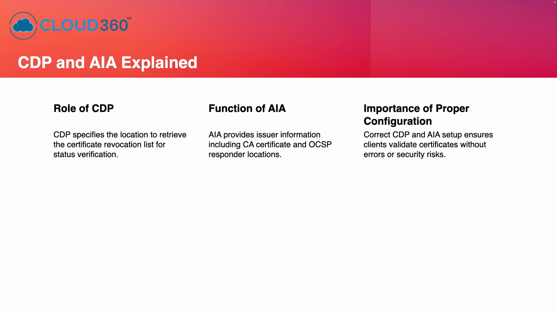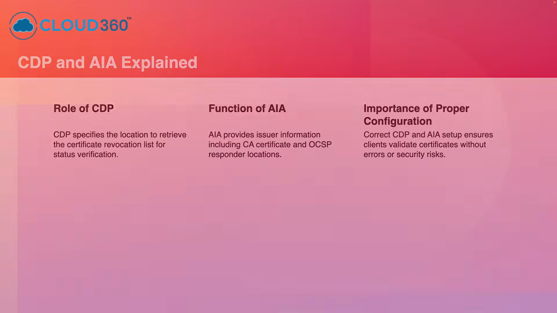Proper configuration of CDP and AIA ensures that the clients can access the necessary information to trust and validate the certificates. Misconfigured or inaccessible CDP and AIA locations can lead to validation errors and security issues. In a demonstration shortly, you will see how to set up the CDP and AIA for your certificate authorities.